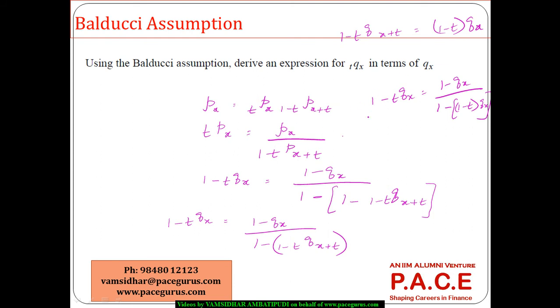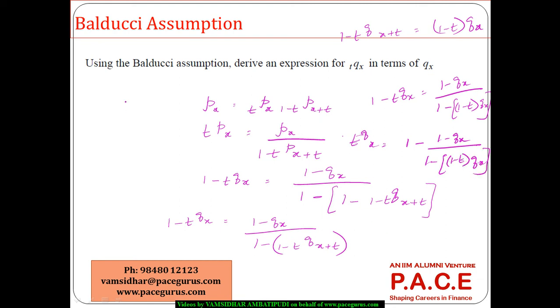Now a little bit of rearrangement is something which I can look at. Right? So it becomes tqx. Now when I am looking at tqx, it is nothing but 1 minus of 1 minus qx divided by 1 minus of 1 minus t times qx.